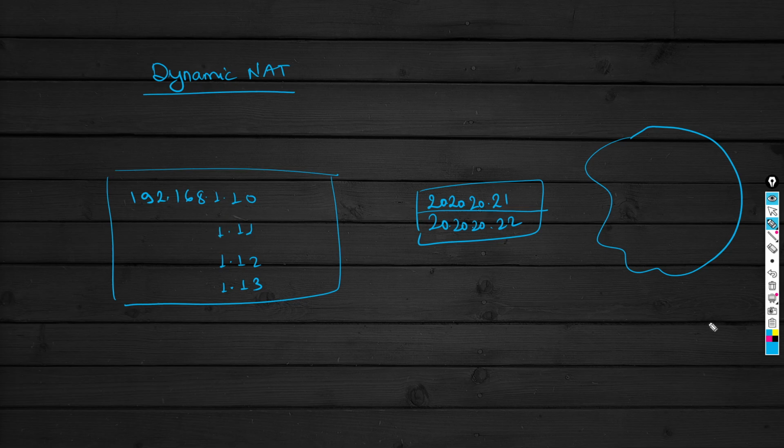So now how can we access the internet using dynamic NAT? Rather than static mapping, we have a pool of four devices here and a pool of two public IP addresses available. If I want to access the internet from my PC, or this laptop, I will come here, pick up one IP address from the pool and go to the internet.